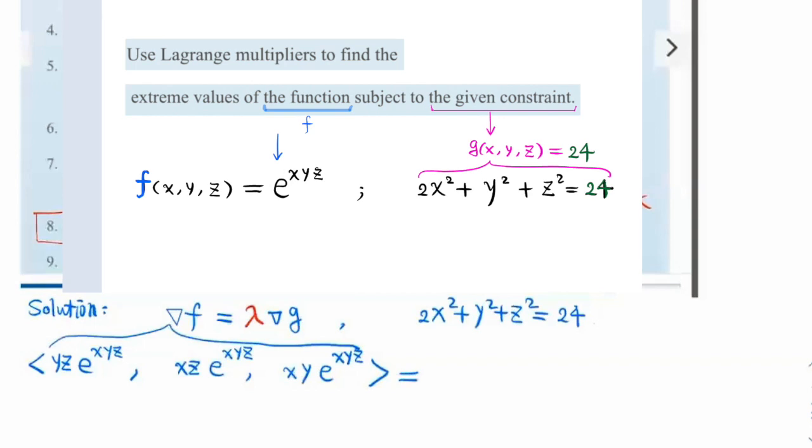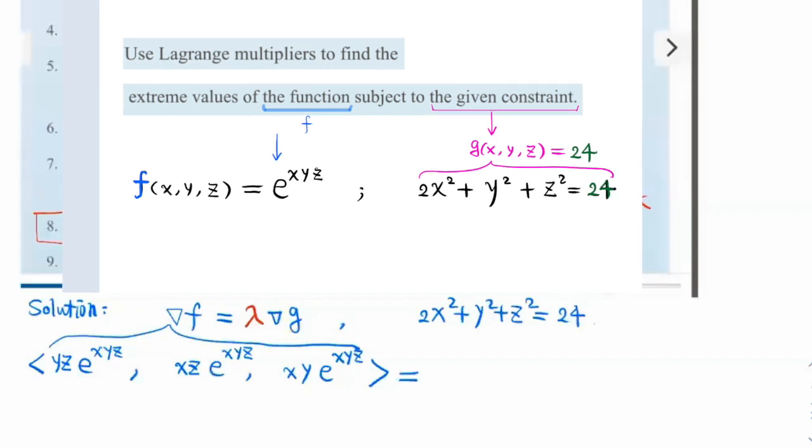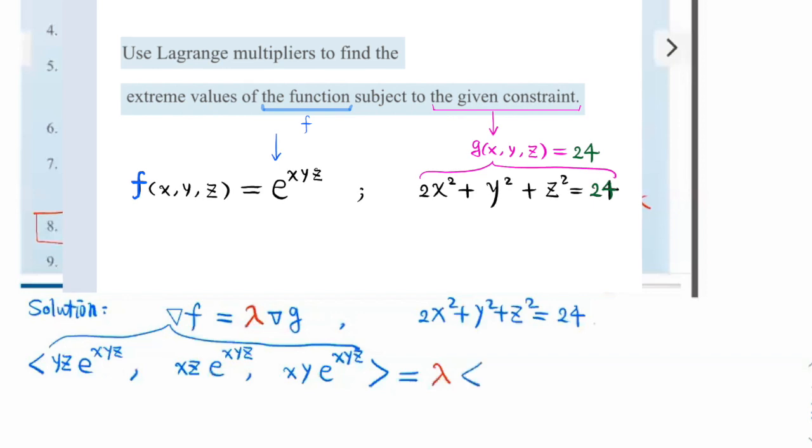So this is the gradient of f. We just take the partial derivative of e to the xyz with respect to x, y, and z. And on the other side, we have lambda times the gradient of g. What's the gradient of g?